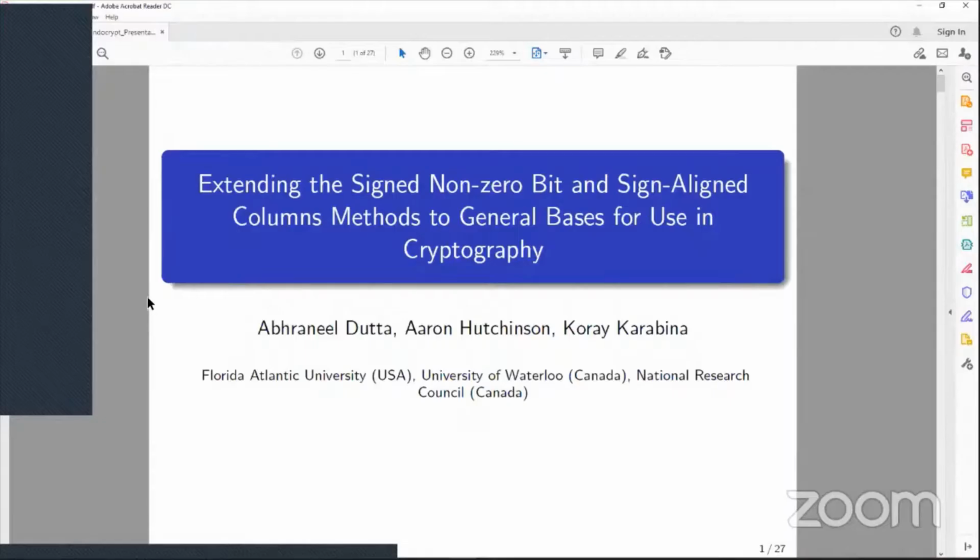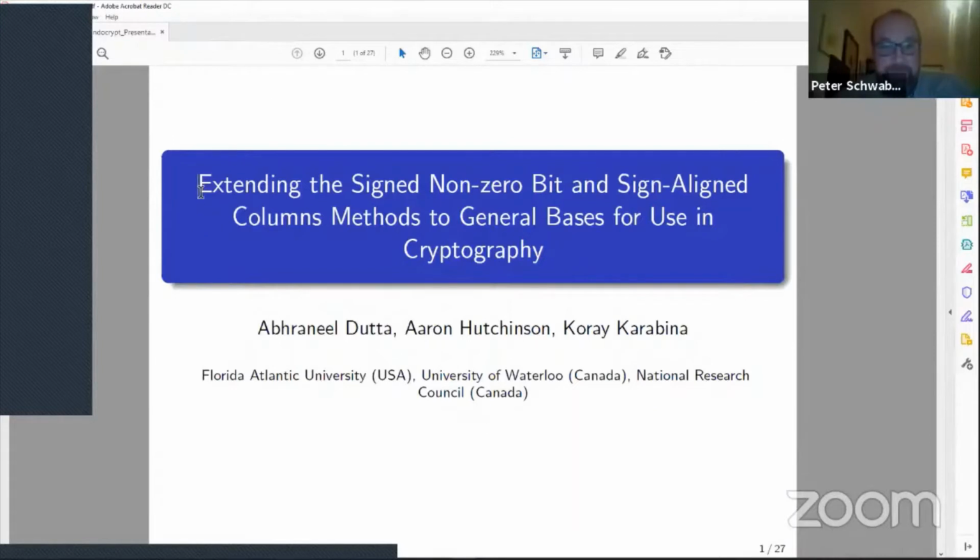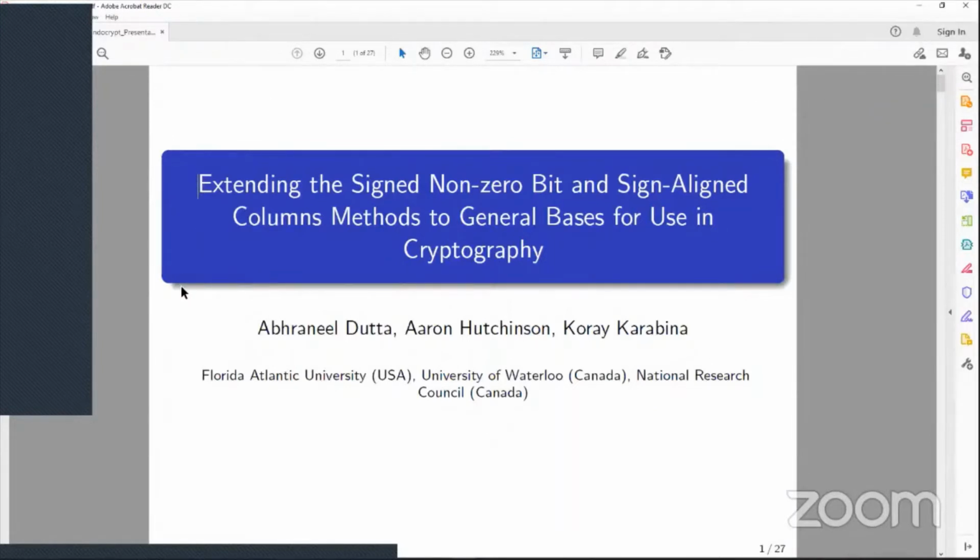Okay. So my talk is on extending the signed non-zero bit and sign aligned column methods to general basis for use in cryptography. My name is Abranil Datta, and the other two authors of this paper are Aaron Hutchinson and Koray Karabina.